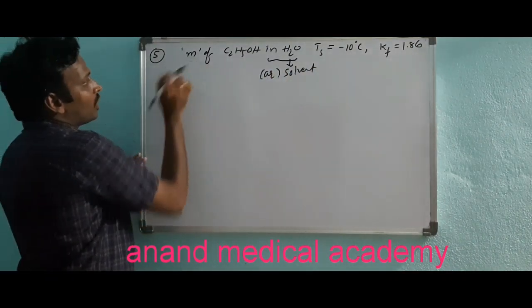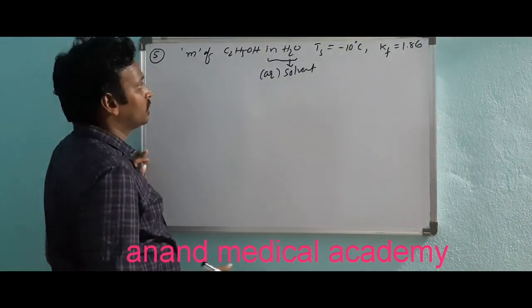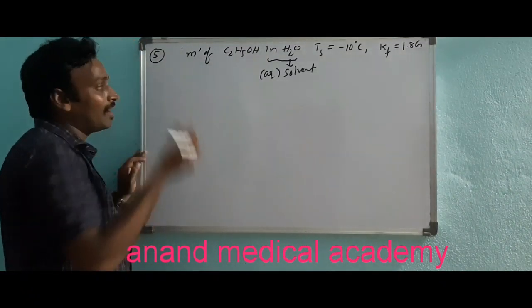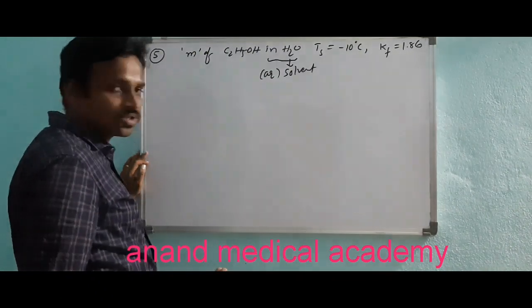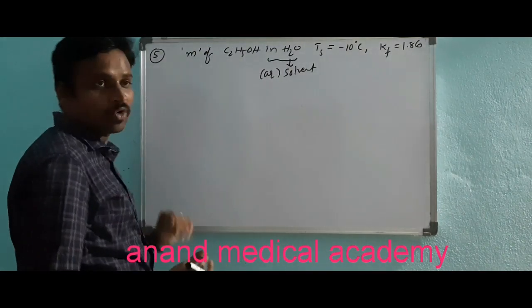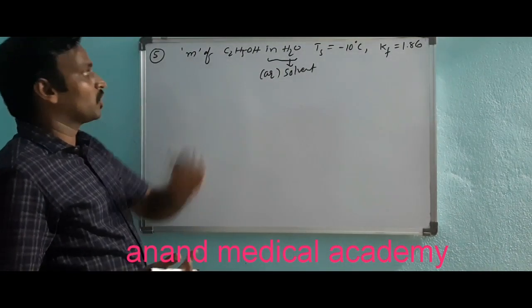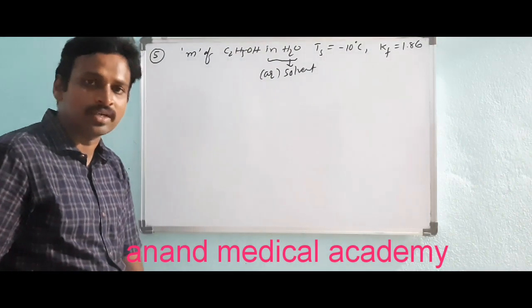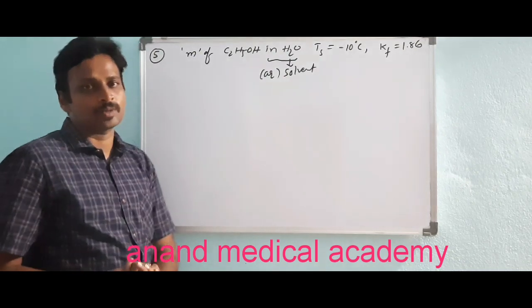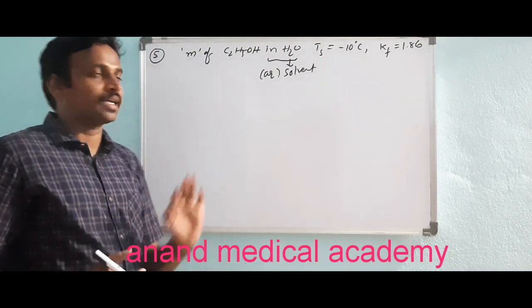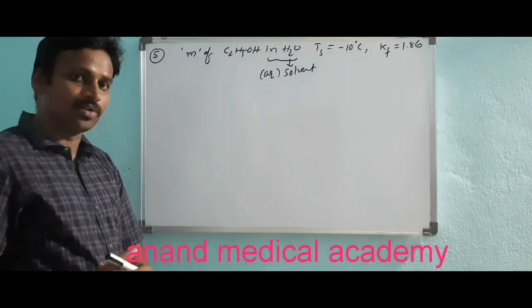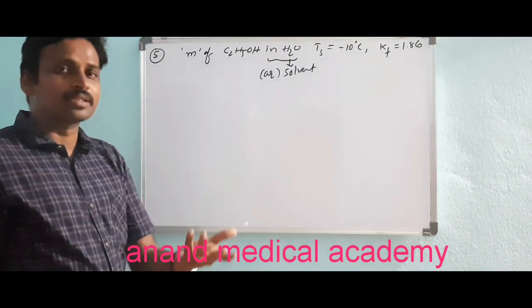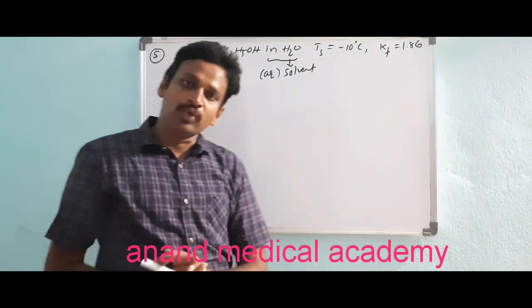Okay, so molality is asked. Here, sir, do we have to use i? No, sir. Where is i? Not given. Oh my God. No. Ethanol is not undergoing any association or dissociation. Simply, you can take this as an ideal solution. Ideal solution means i is equal to 1 you can consider.